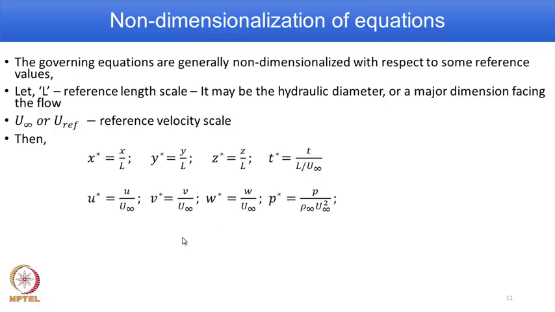In a similar manner you can also do this for velocity. So, u star is the non-dimensionalized velocity component in the x direction, where u is the dimensional velocity quantity, and u infinity is the reference velocity. So, u over u infinity will give the non-dimensionalized velocity quantity u star.